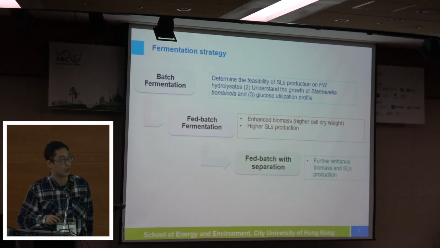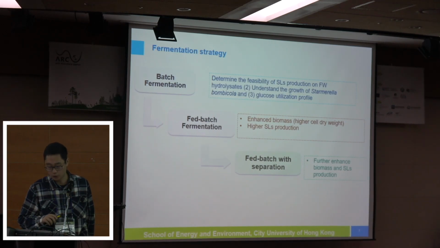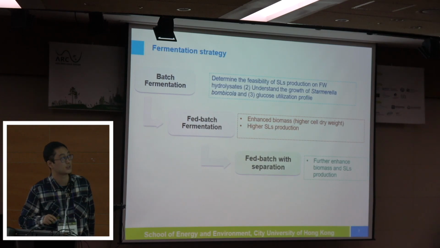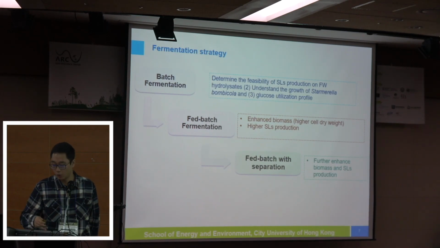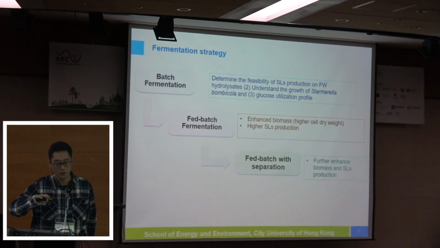For the fermentation strategy, we first tried batch fermentation using our food waste hydrolysate as a substrate. After that, we tried fed-batch fermentation, which normally enhances the productivity and cell density. After these two, we tried the design of fed-batch with in-situ separation, because sulfur-lipid is going to condense in the fermentation broth if you don't provide any agitation.